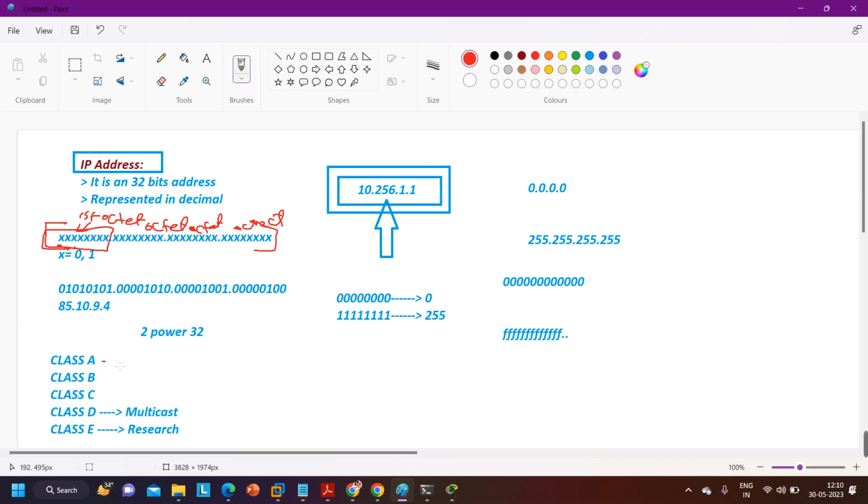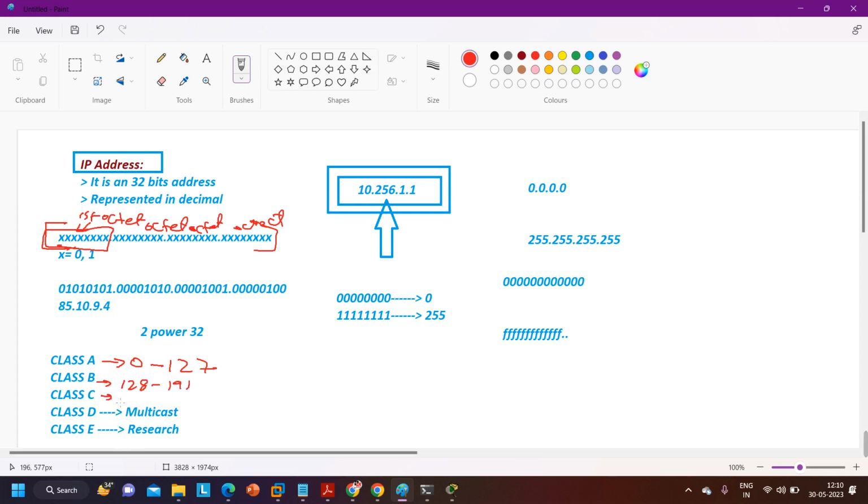So if I talk about the range of class A, the range of class A is 0 to 127. If the value in the first octet belongs to 0 to 127, that means that IP address belongs to class A. If I talk about class B, the range of class B is 128 to 191.